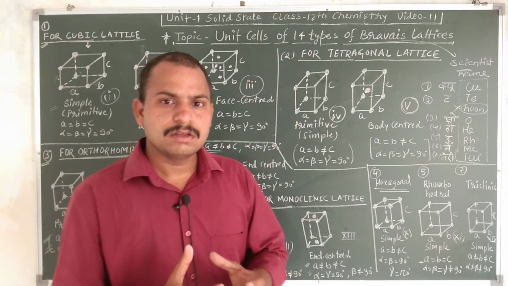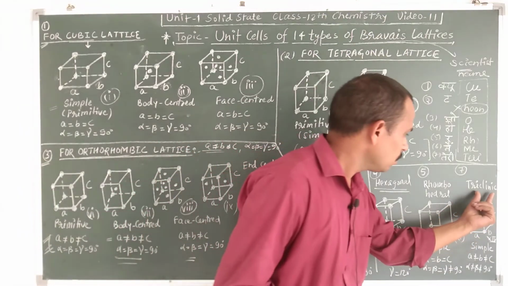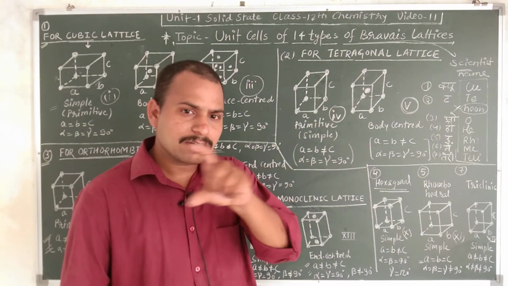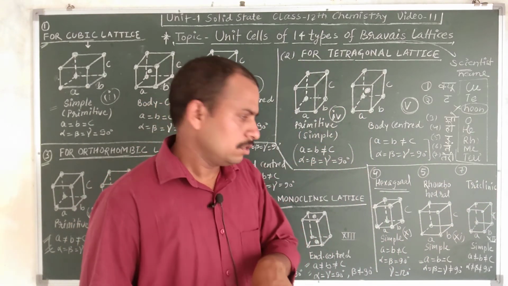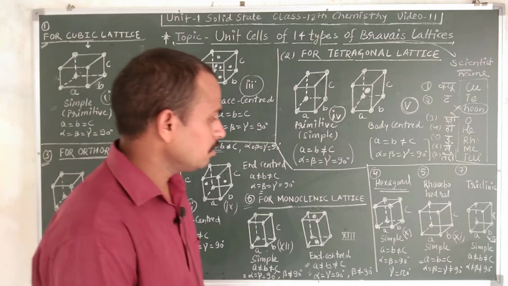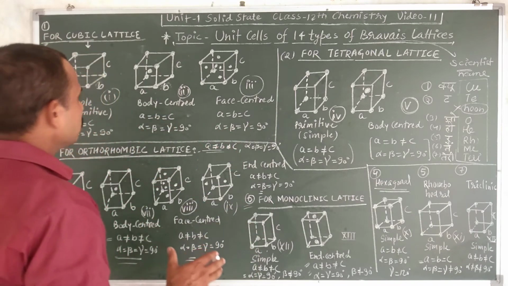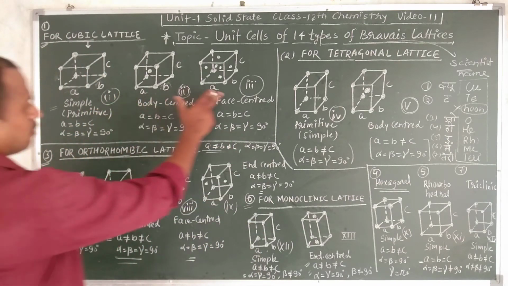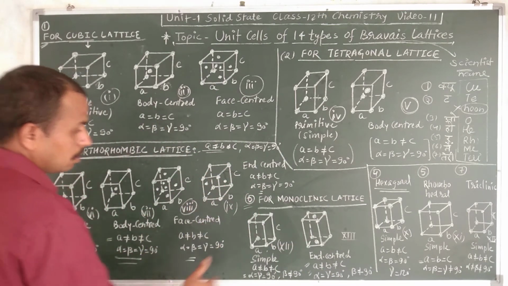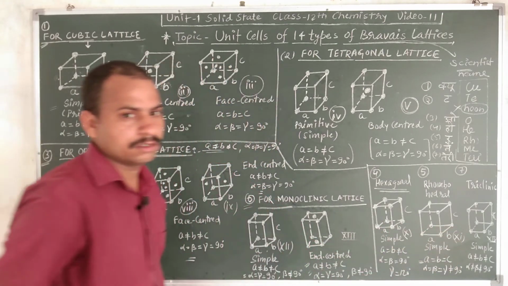If we have a crystalline solid in the triclinic shape, the constituent particles are present at corners only. So that's why this is the 14th Bravais lattice. So this is complete: first, second, third, fourth, fifth, sixth, seventh, eighth, ninth, 10, 11, 12, 13 and 14.